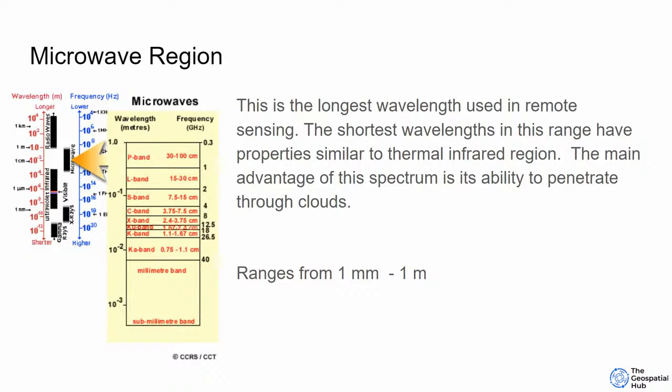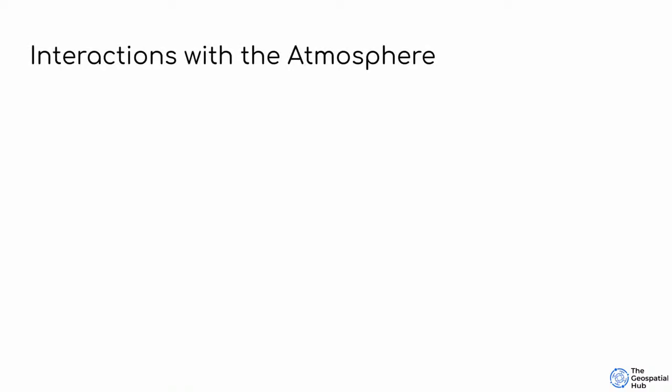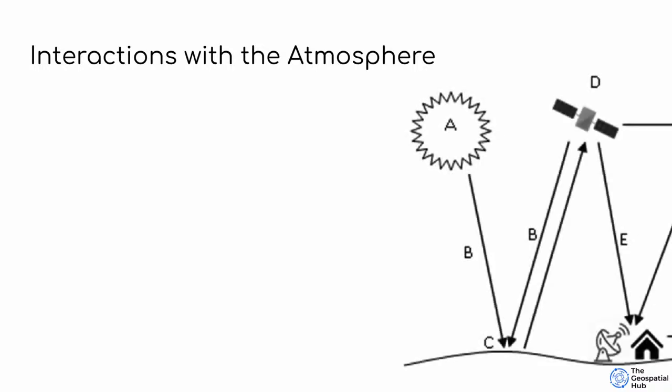interactions with this electromagnetic energy. How does the electromagnetic energy interact with different portions of Earth, for example the atmosphere and the target itself. We'll be talking more about that now. On the next slide we have interaction with the atmosphere. Remembering this is where the atmosphere is, around somewhere here.